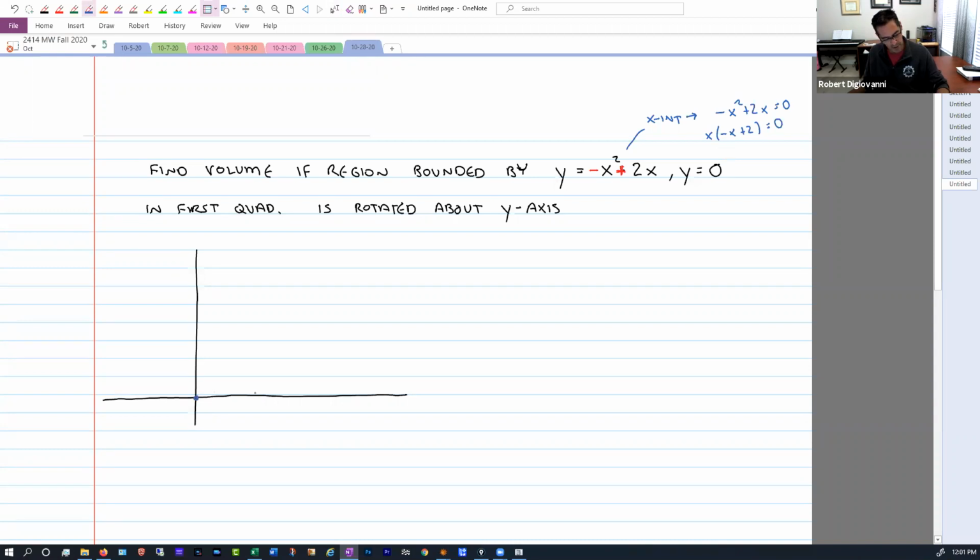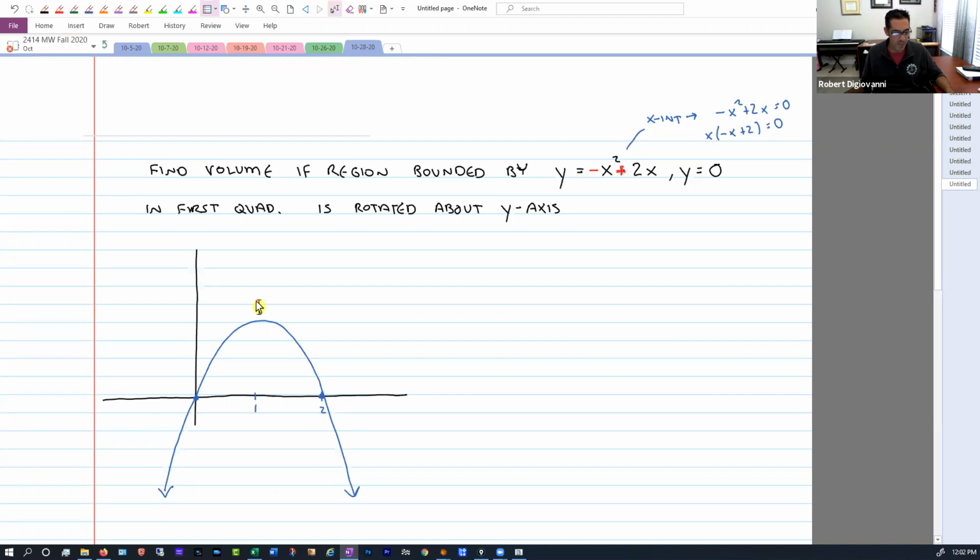So let's say this is 1 and this is 2. I know it opens down, so the parabola's got to look like this. Now your graphing calculator would have gotten you that already, right?